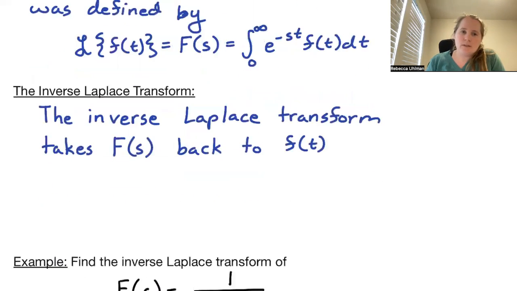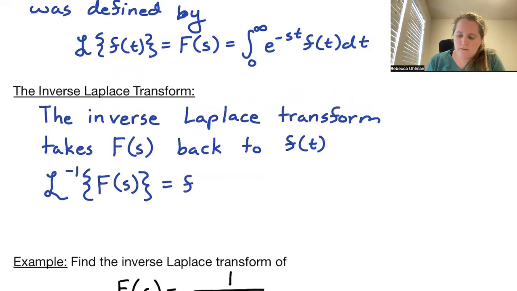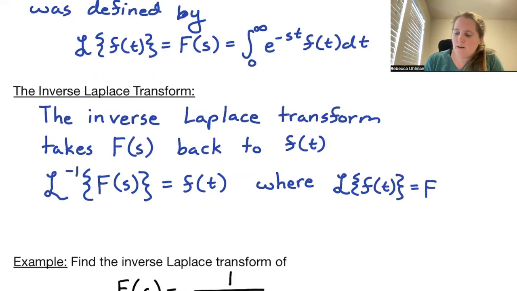So in other words, the inverse we denote just like inverse functions. We take our script L and then do our to the -1, indicating inverse. The inverse Laplace transform of capital F of s is equal to f of t, where the Laplace transform of f of t is that capital F of s.